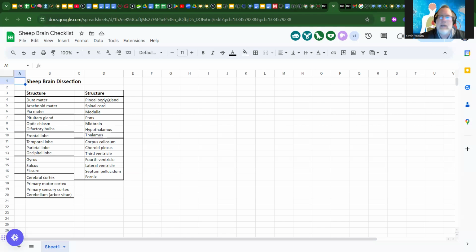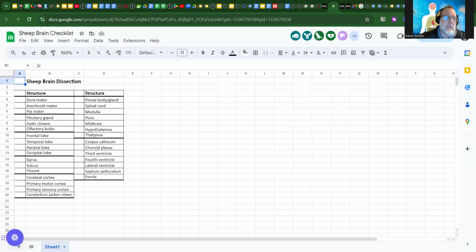So there are three: the pineal gland, the pituitary gland, and the hypothalamus are all aspects not only of the nervous system, but of the endocrine. All right. So, anyhow, we'll see these before we cut and certainly after we cut.